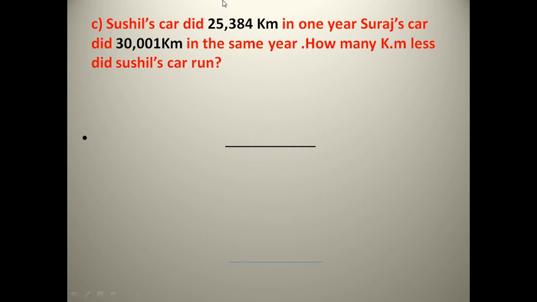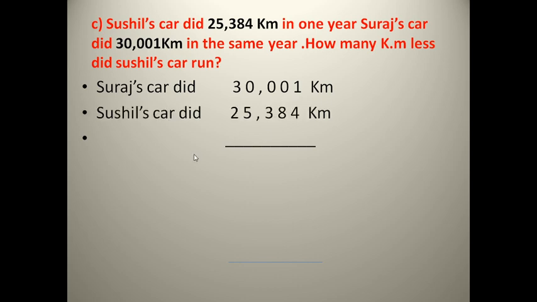Here we write the statement. Suraj's car did 30,001 kilometers, and Shelly's car did 25,384. To know, we will decide to subtract.